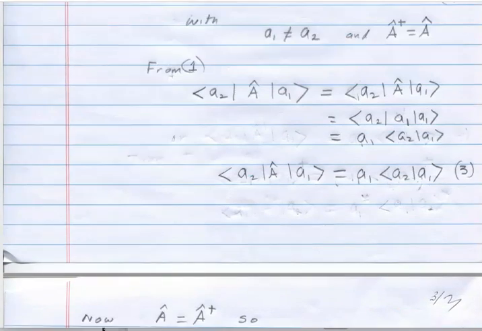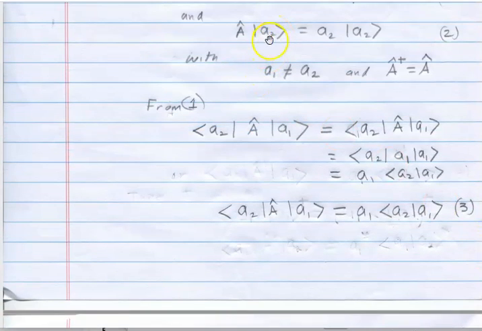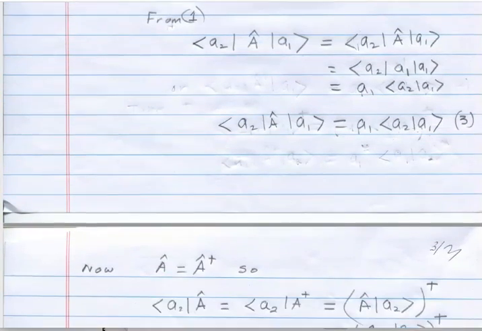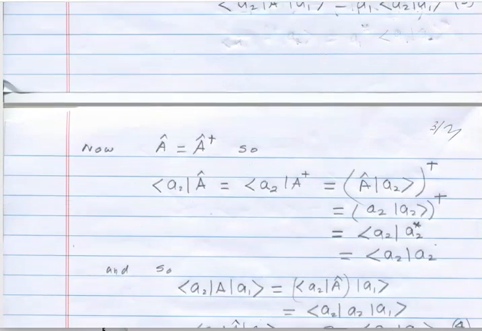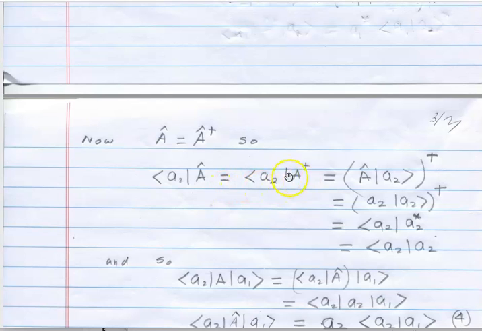And that simply changes this to a bra, and I get the Hermitian adjoint of A. On this side, I get the complex conjugate of A2, but I know A is a Hermitian operator, and so that's a real number. And the bra over here, when I take the Hermitian conjugate of that, I get this.